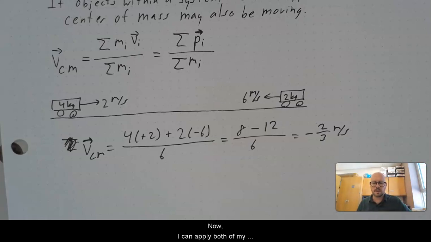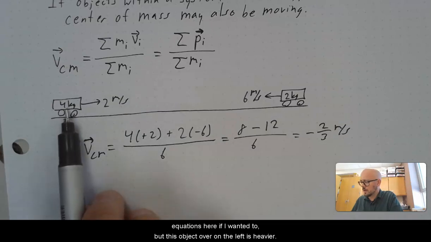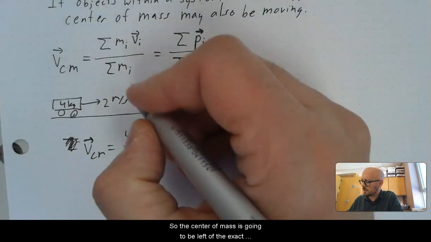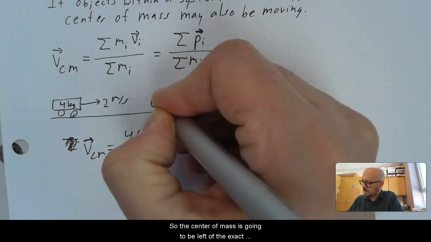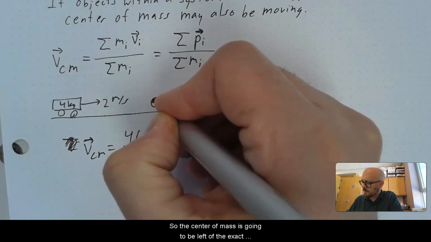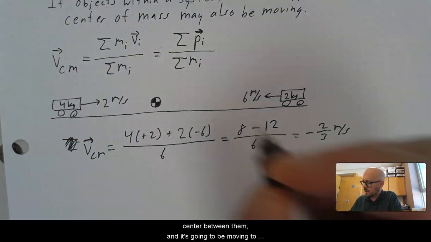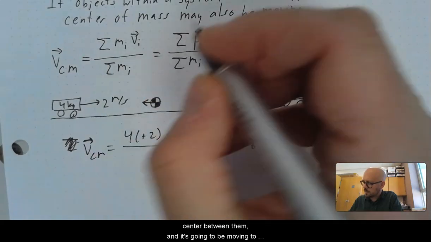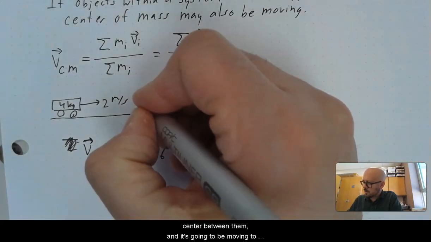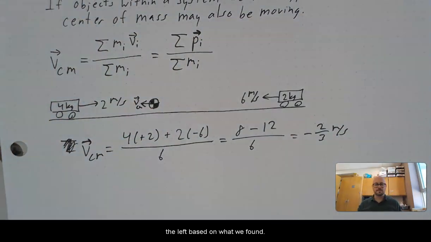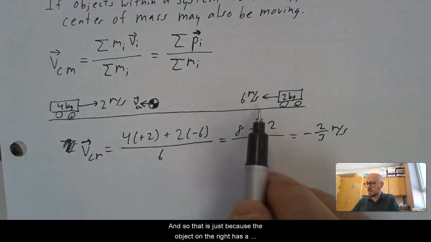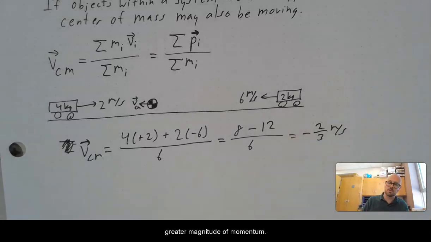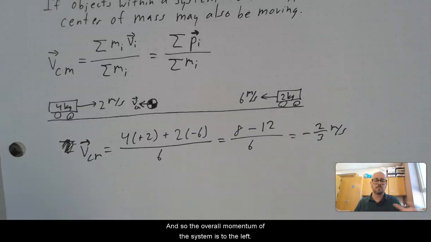Now, I can apply both of my equations here if I wanted to, but this object over on the left is heavier, so the center of mass is going to be left of the exact center between them, and it's going to be moving to the left based on what we found. And that is just because the object on the right has a greater magnitude of momentum, and so the overall momentum of the system is to the left.